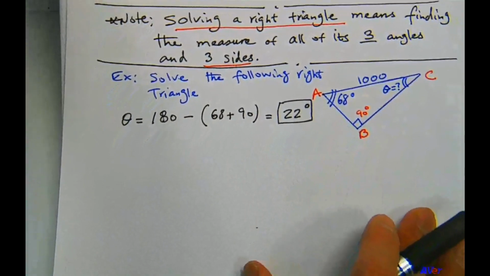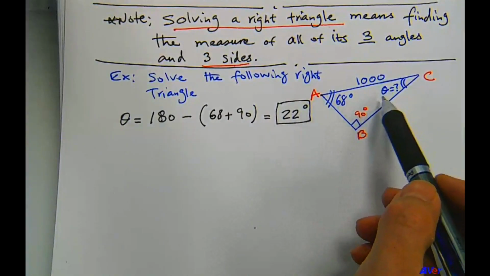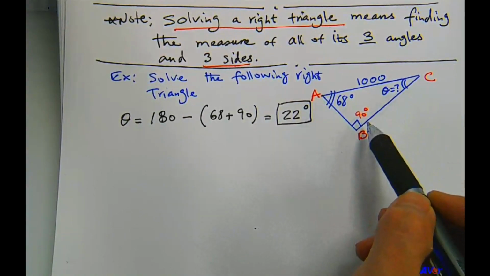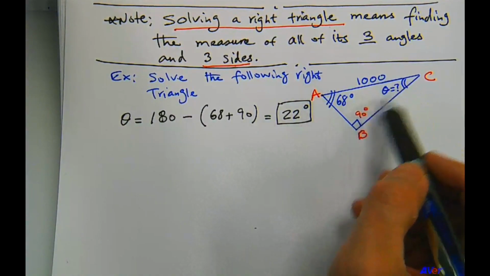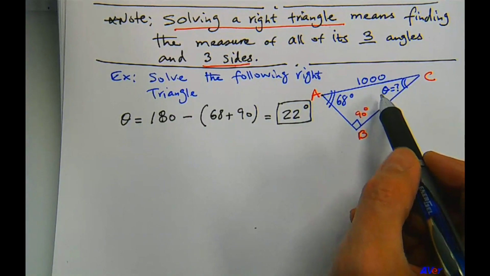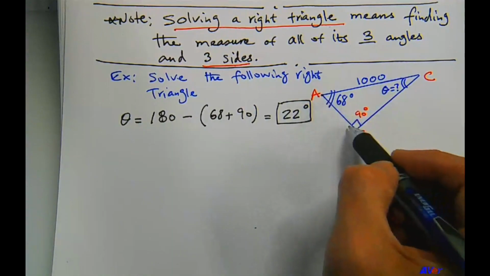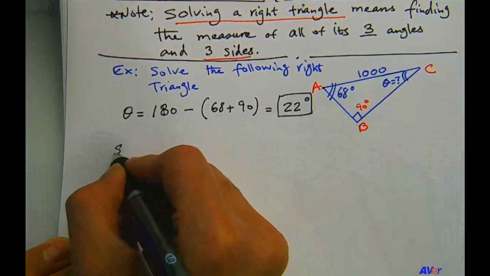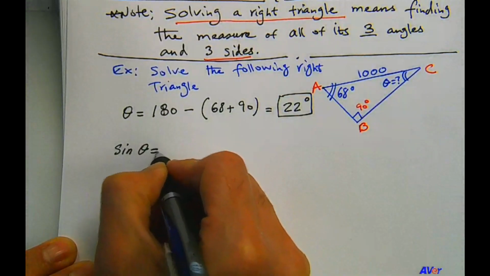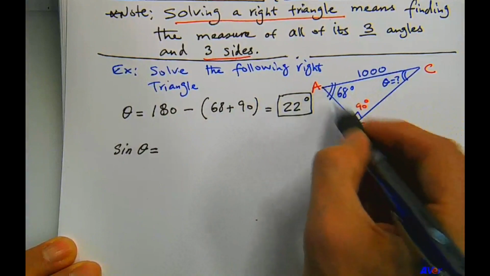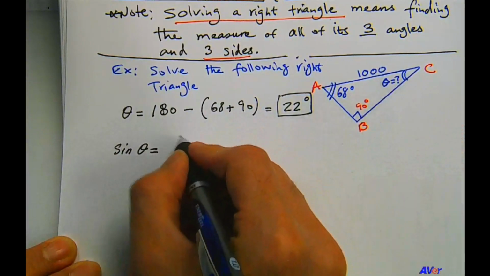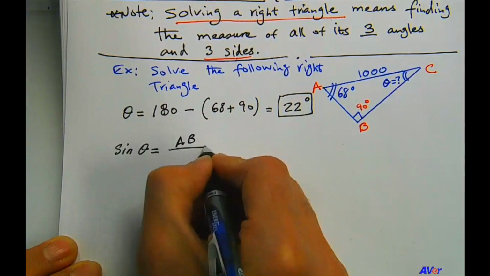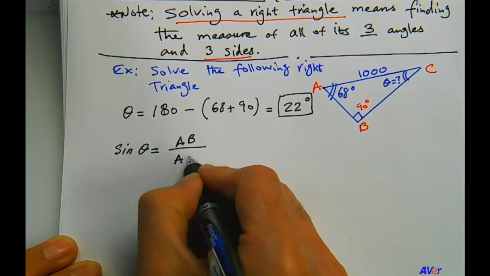Okay. So now the other sides, so we're looking for AB and BC, right? So once we have the theta, things are going to simplify greatly, right? Because we know that AB, well, let me write it like this, first of all. We can say that sine of theta is equal to AB, which is the opposite side to that, AB over the hypotenuse, which is AC.